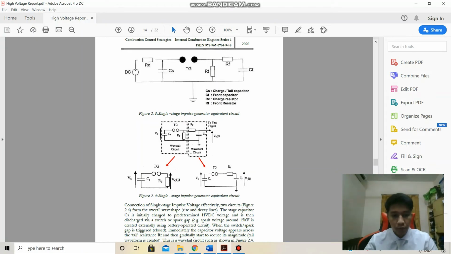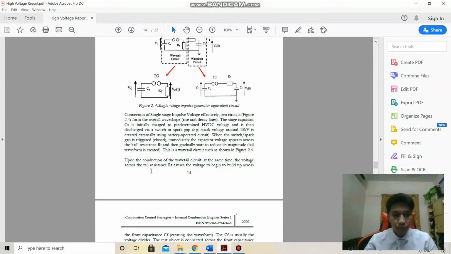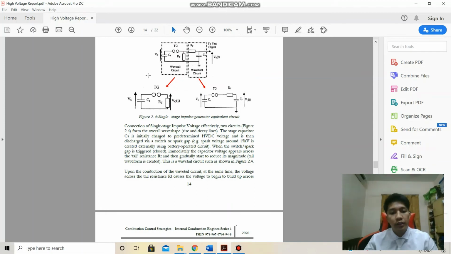They have two types, the wave tail circuit and the wave front circuit. For the connection of the single stage impulse voltage, effectively two circuits. You can see this figure.